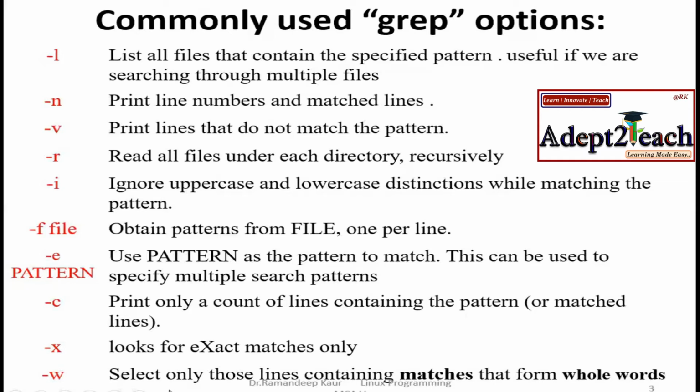But I want that "is" should be treated as one word, and whenever only this word comes up individually, only two letters, I and S, it should not be preceded or followed by any other letters. So that should be treated as only one word, and wherever the occurrences of the word "is" are there, that line should be matched and printed. Then I will use hyphen w for word.